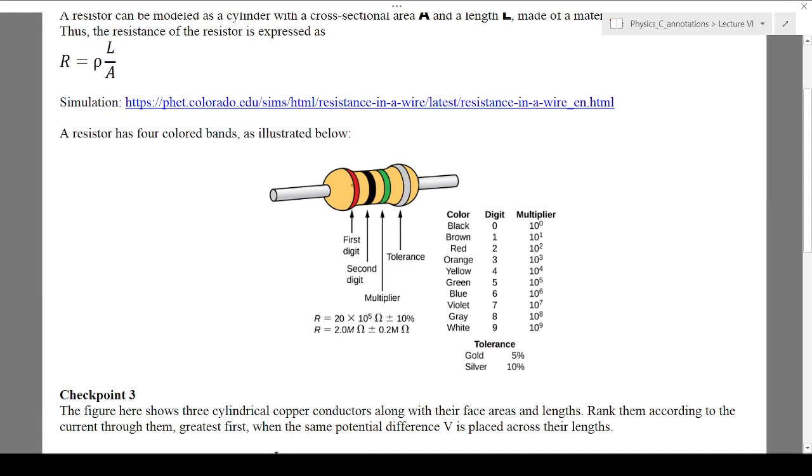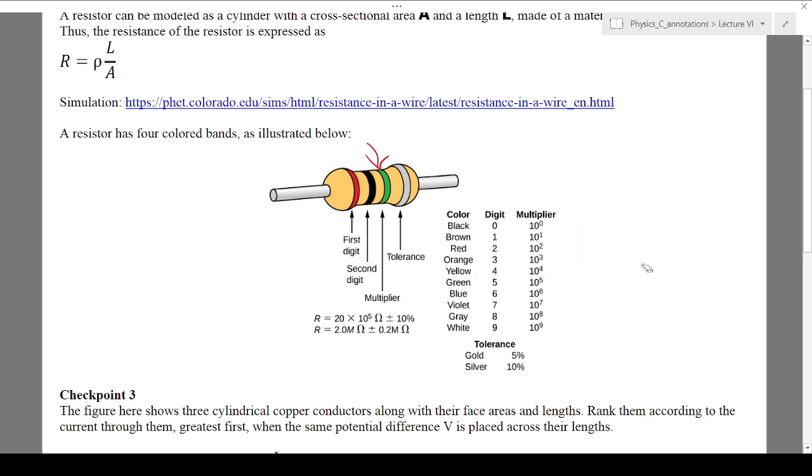First one, first digit, in this case red: you go here, red means 2. Black, the second digit, means 0, so that means 20. The third band is the multiplier; in this case it is green, which means 10 to the 5.